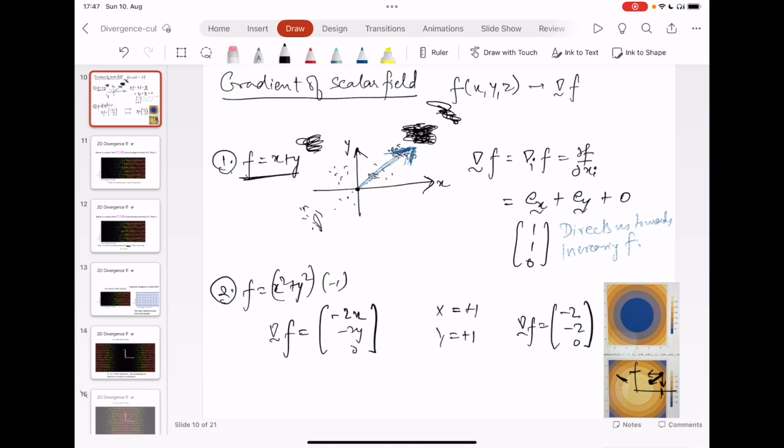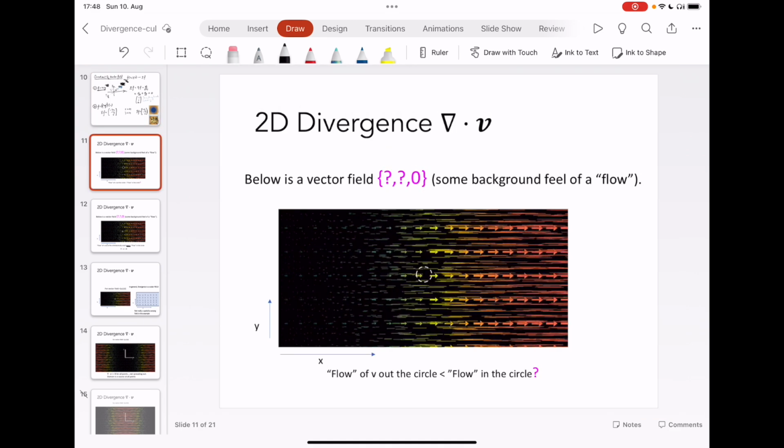Similarly, all the vectors you will find at each location will be inward. Okay, so I hope it clarifies the way to calculate the gradient of a scalar field and its physical interpretation. Let's move on to the divergence, and here we're going to look at a 2D example.